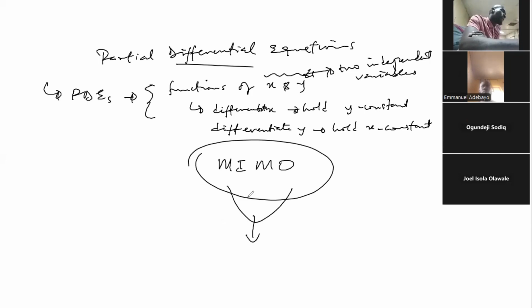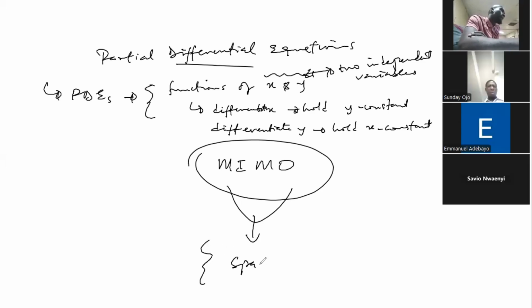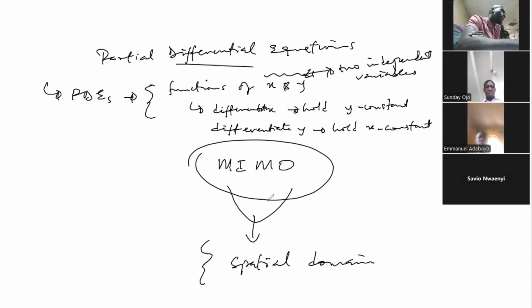That's great. One thing I'll add: when we talk about multiple input, multiple output systems, we are relating variables in the spatial domain. So our X may be from X1, X2, X3, all the way to Xn.